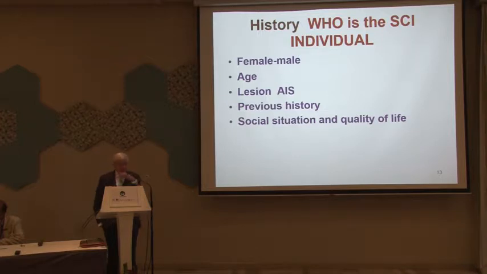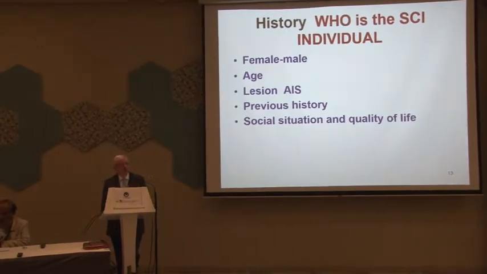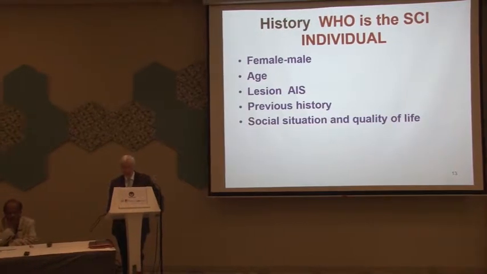Is it a young person or a very aged person? That will change. The AIS lesion, the previous history, the social situation and quality of life. It seems a very long list, but actually that's what we know. The moment we approach the patient, we will have all this information easily.